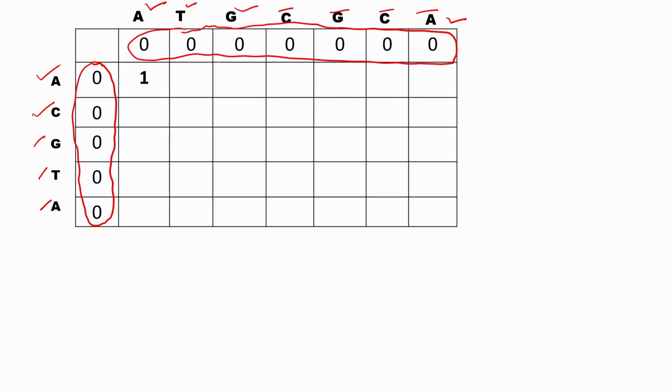Since the Smith-Waterman algorithm considers all negative values to be 0, that is why the negative values have been replaced with 0 in this case.